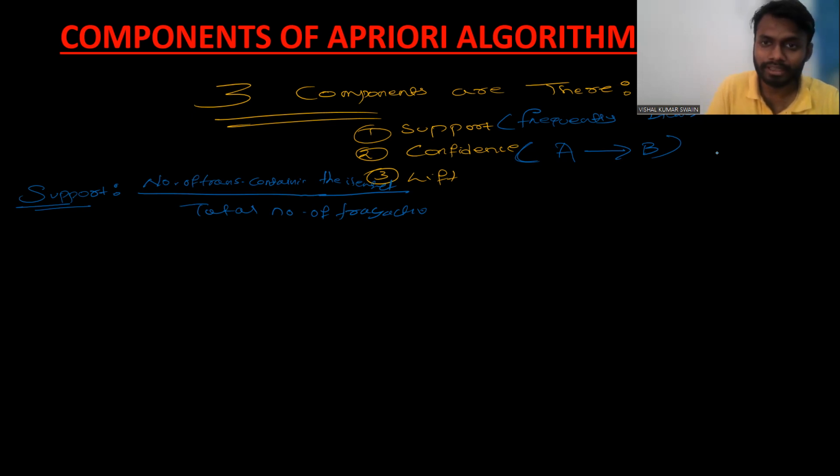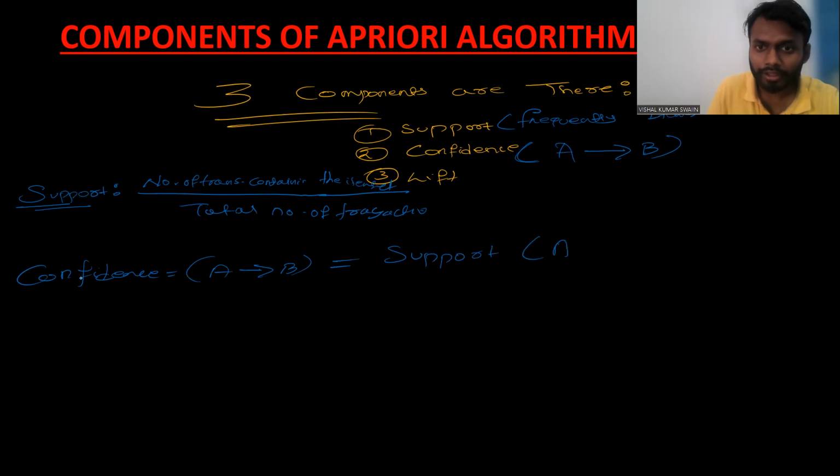So confidence is equal to the support of A union B divided by the support of A. Clear? Support of A.